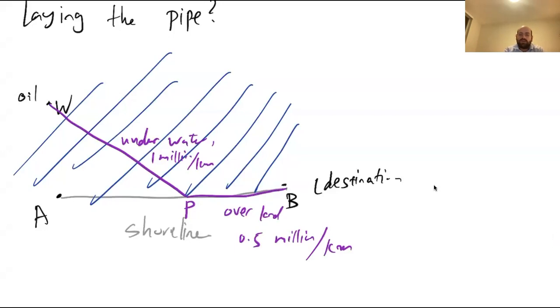When you bring oil from W to some point P, that will be underwater, and that will be 1 million per kilometer. And then from P to B, that is over land, and that's 500,000 per kilometer. So where should we choose P, so that when we add the cost of the first part plus the second part, overall the cost becomes minimum?